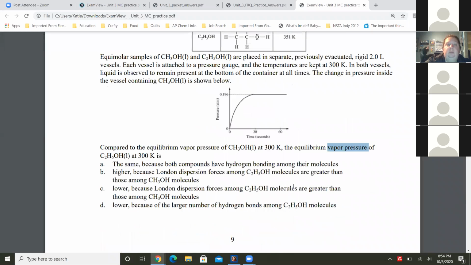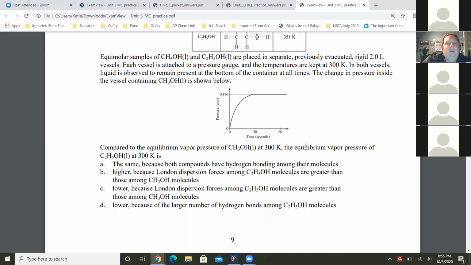So the equilibrium vapor pressure of CH3OH is going to be higher because the intermolecular forces are greater in the C2H5OH than those in the CH3OH. Okay, thank you. I think it was just a bunch of wording.